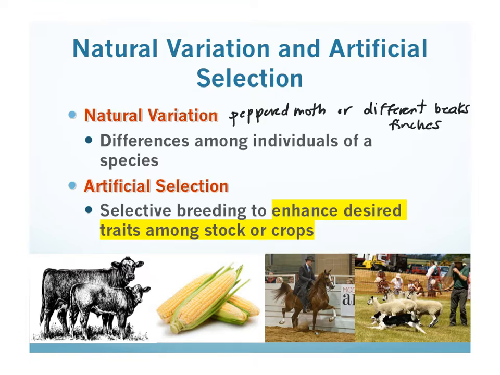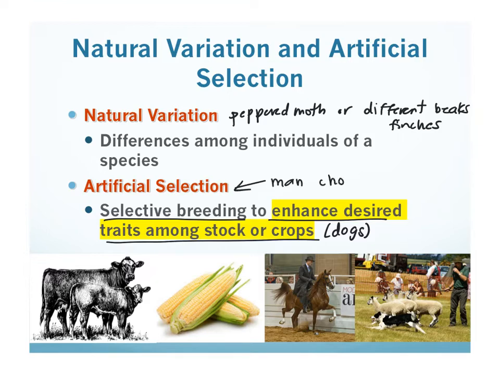Artificial selection is when we do selective breeding to enhance desired traits among stocks or crops, or the one you guys are most familiar with is dogs. So that's when man chooses the traits, is artificial selection.